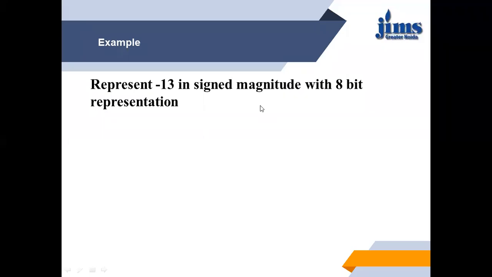Do it yourself, then I'll show you the results. Convert +13 into binary. The process is: 13 is divided by 2, 6 is the result, 1 is the remainder, and that is the first coefficient. Do it yourself.